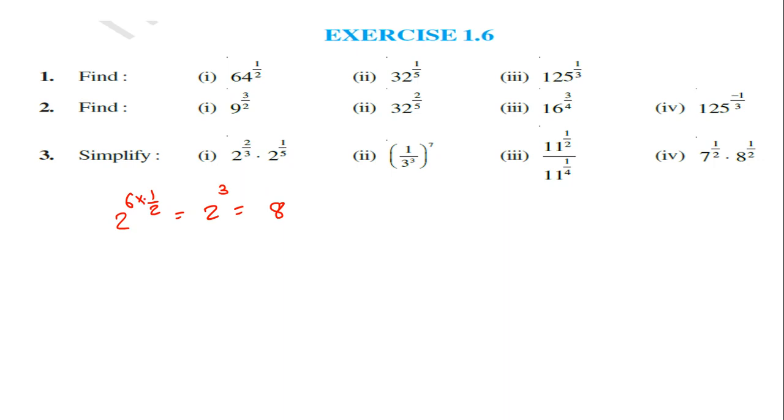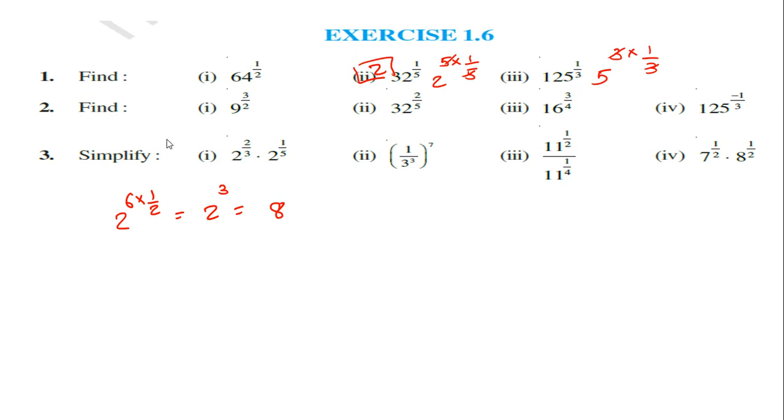So in this kind of power you have to write and this power you have to divide. For example, see here 32, you can write 2 raised to 5 into 1 by 5. So 5 and 5 will cut, so 2 will come as the answer. 125 is 5 cube into 1 by 3. So again 3 and 3 will cut, so 5 will come as the answer. Same thing you can do everywhere.